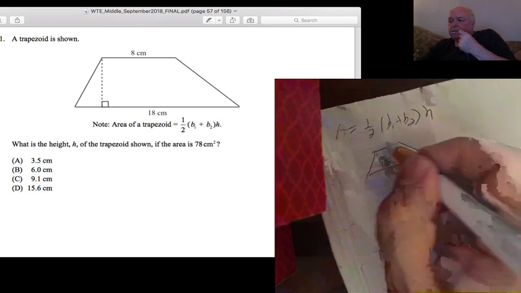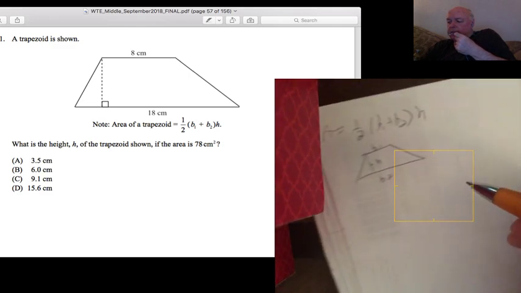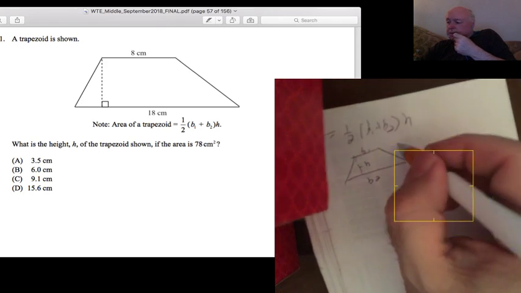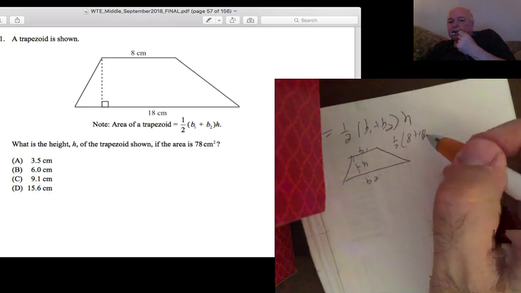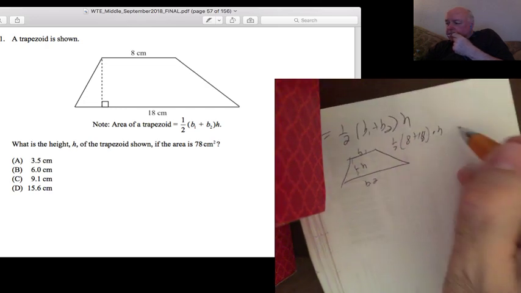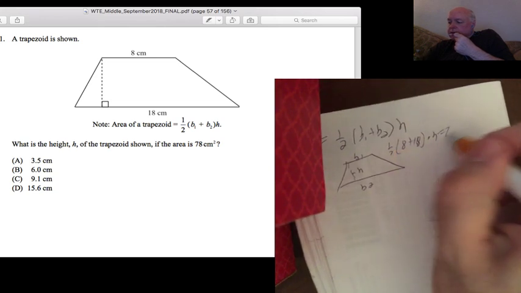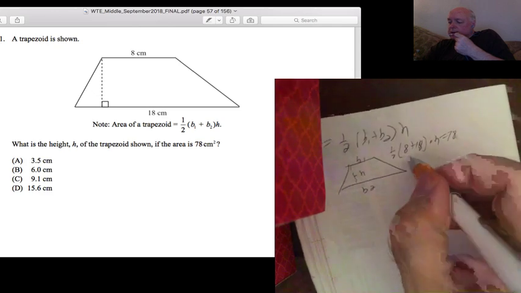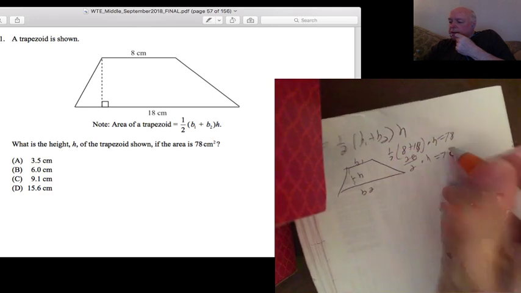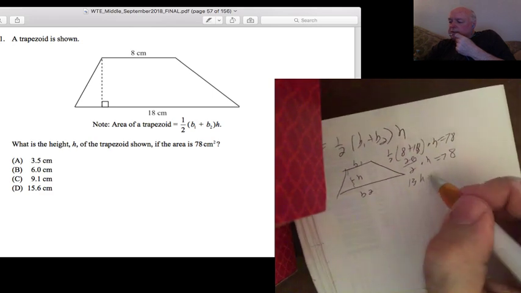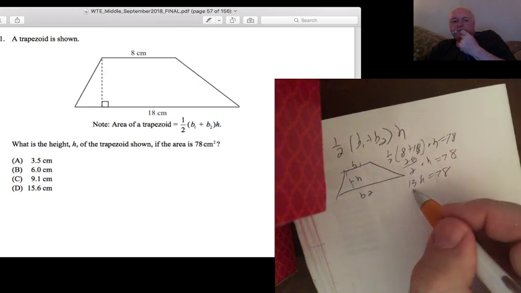So we need 1/2 times (8 plus 18), is that the numbers they have? Yes, 18. Times H is going to be equal to the area, which they're telling us is 78. So 8 plus 18 is 26, over 2, times H equals 78. We get 13H equals 78. And 13 times 6 is 78. So H is equal to 6.